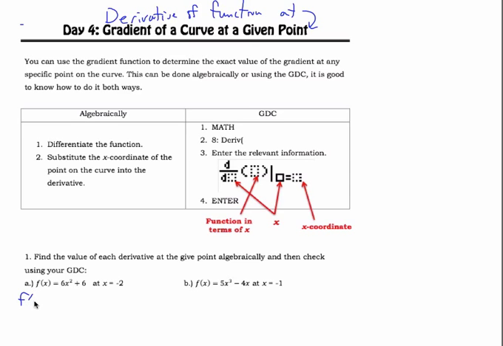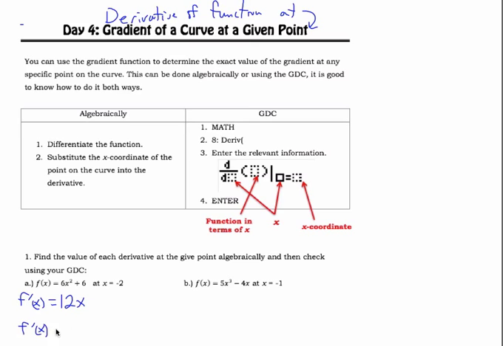So in the first function, we're going to get the derivative. The derivative is 12x, and then you differentiate the constant, you just get 0. So the derivative is just 12x. So if you want to find the derivative when x equals negative 2, you just substitute in x equals negative 2.